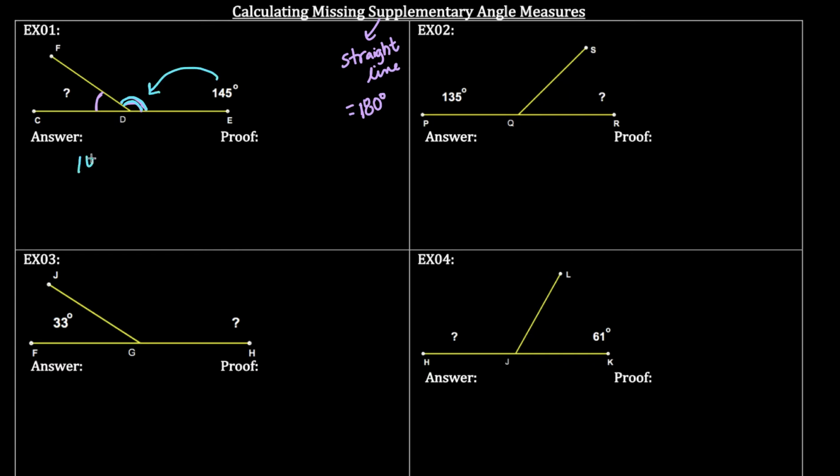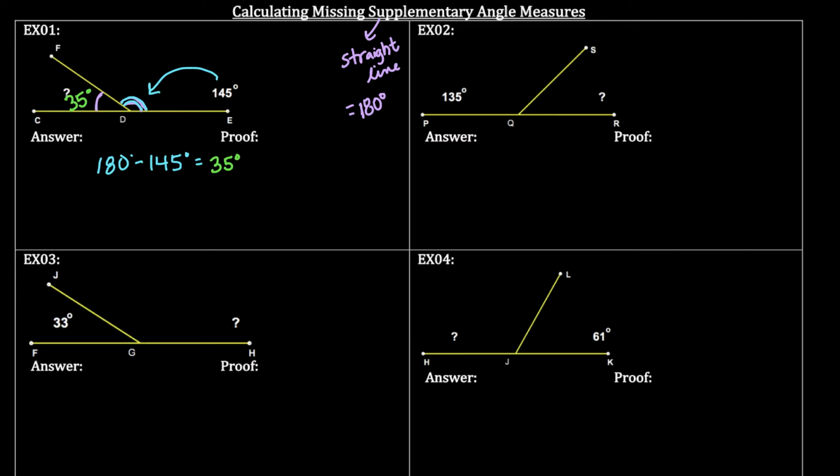I would just take 180 degrees and take 145 away, and I get 35 degrees. So this question mark right here, this angle right here, is 35 degrees. I'm not going to have you do this proof part, but just make sure you show the subtraction and you show where it goes.